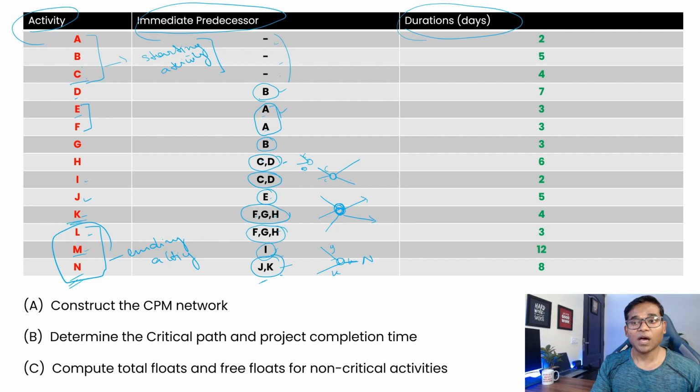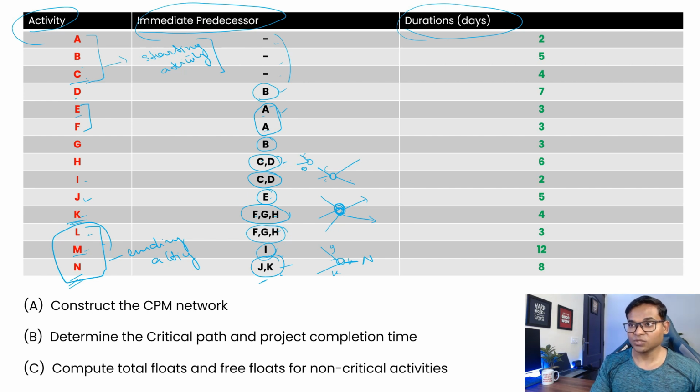It means up to activity K, those activities are somehow related to a previous activity, but L, M and N are not mentioned anywhere in the predecessors. It means these three activities are ending activities, and all of them are going to end.